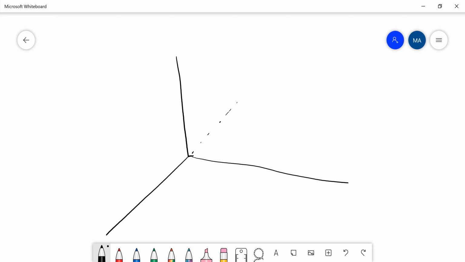So you may imagine this as well. Let's say you have xt, yt, and zt. Then let's say you have a steady state somewhere over here.